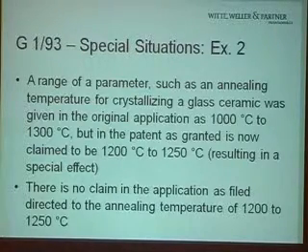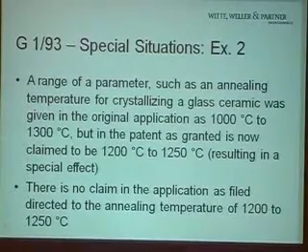But for some reason, during the application proceedings, in the granted patent it's now claimed that the range is 1200 centigrade to 1250 centigrade, resulting in a special effect. In addition, there's no claim in the application as filed directed to the annealing temperature of 1200 to 1250 centigrade.